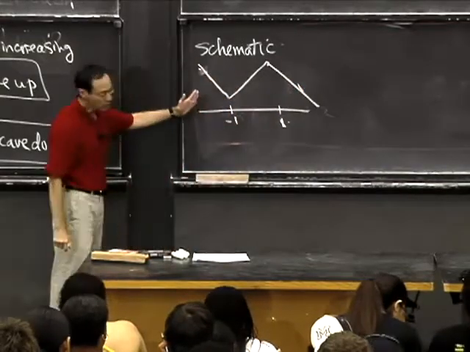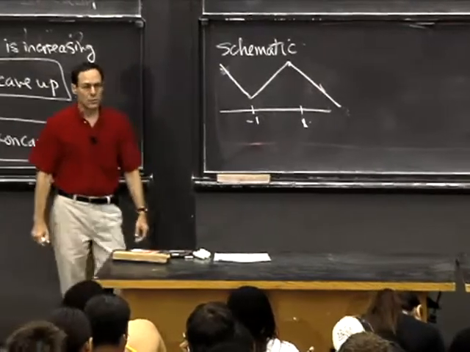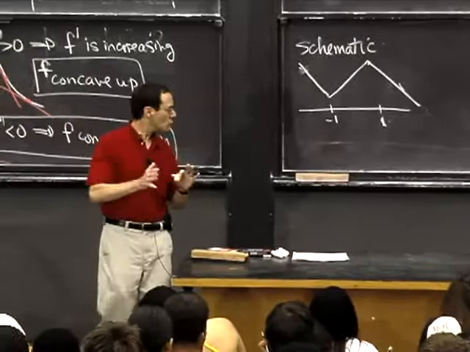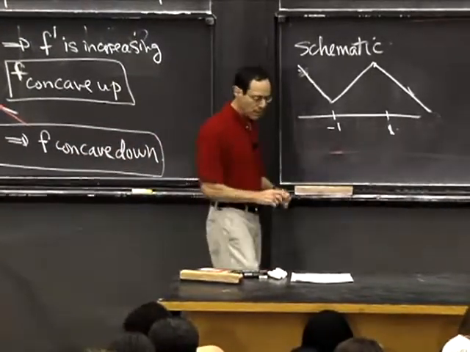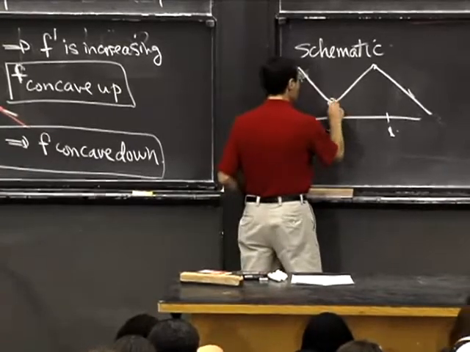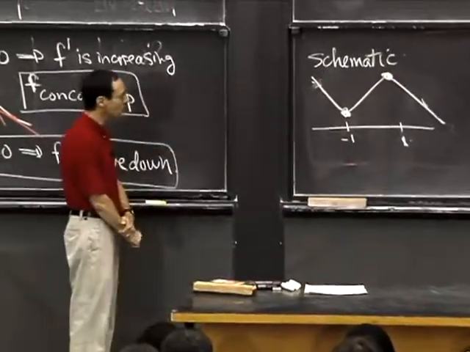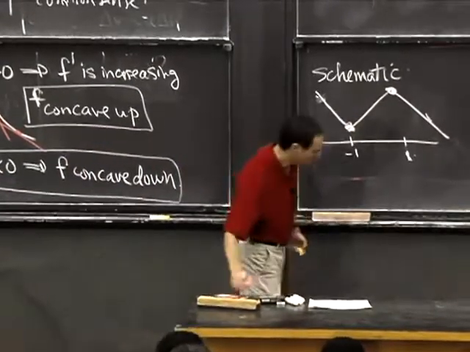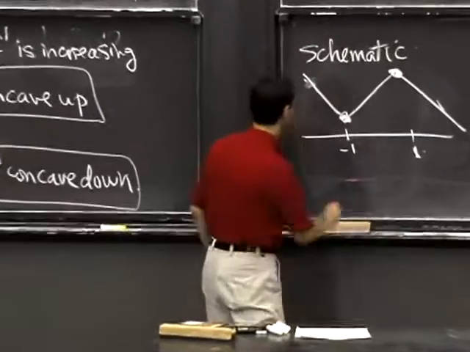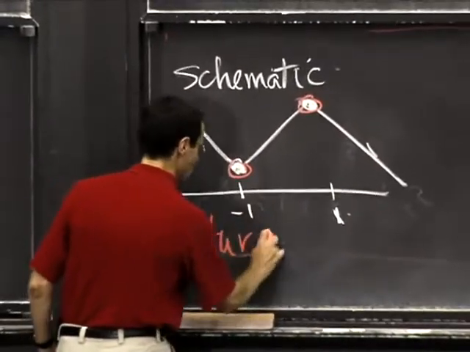That's what it looks like. So this is the kind of information we can get right off the bat. And you notice immediately that the key features of the function that we see here are these two places. Maybe I'll even mark them in like this. And these things are turning points.